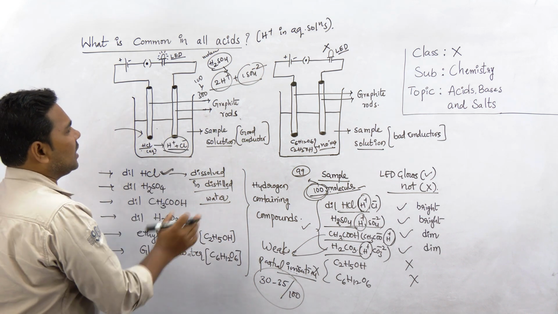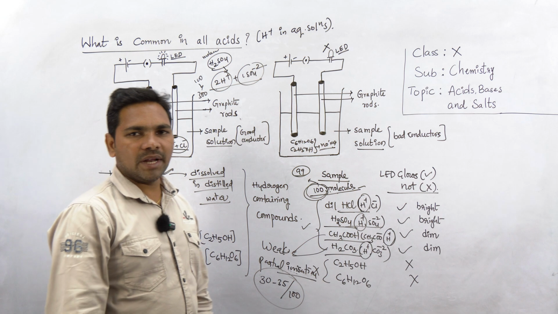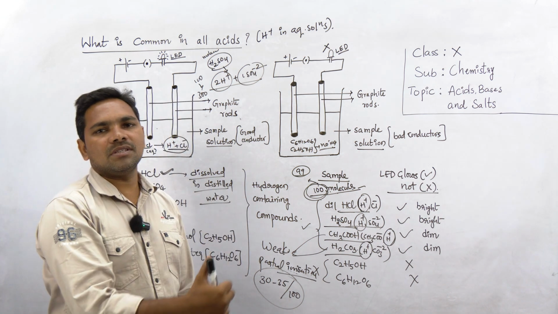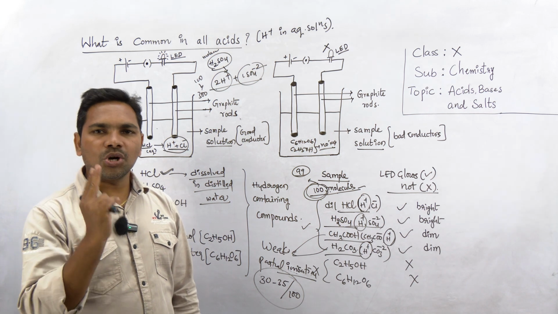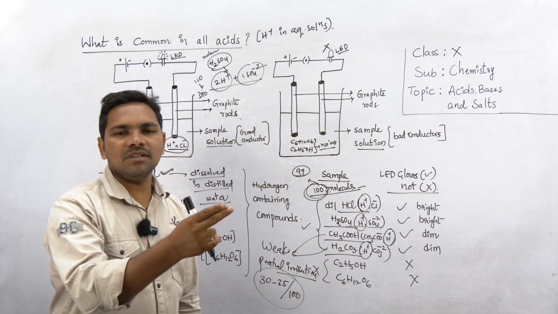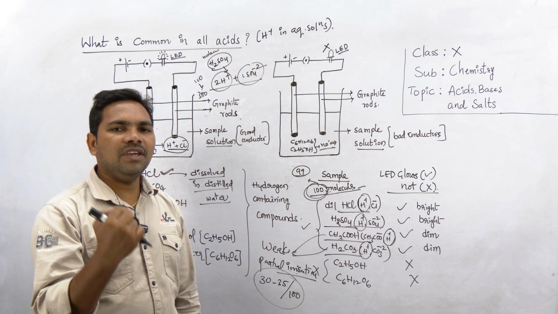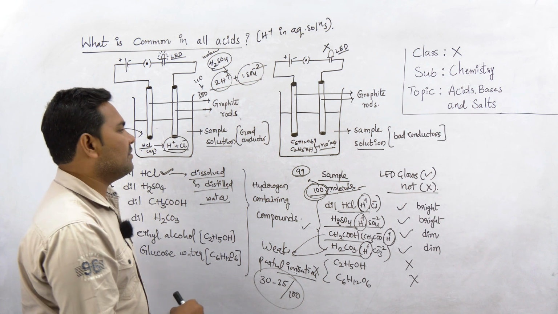So these all are the conclusions from this simple activity, right? Conclusion number 1, all acids produce H+ ions in their aqueous solutions. Conclusion number 2, strong acids undergo complete ionization and produce a high concentration of H+ ions, whereas weak acids undergo partial ionization and produce a low concentration of H+ ions.